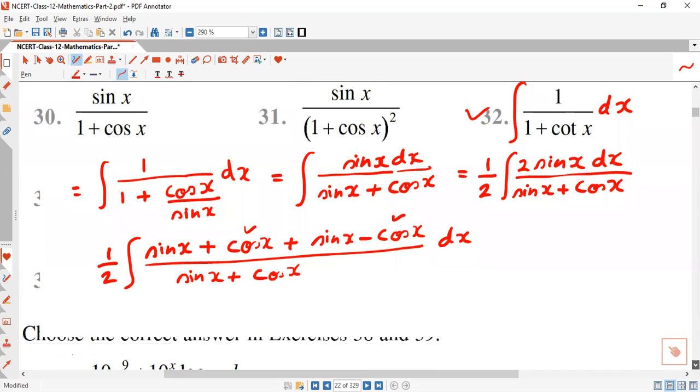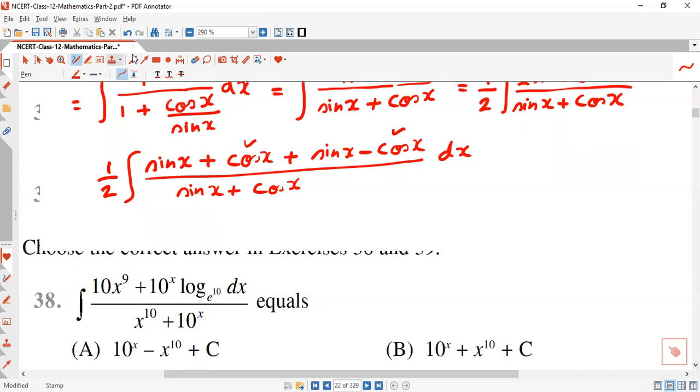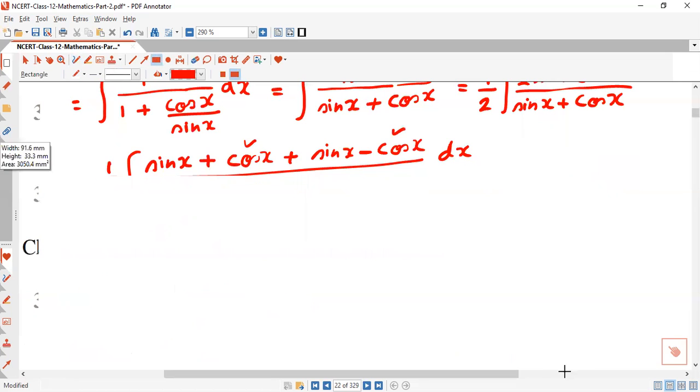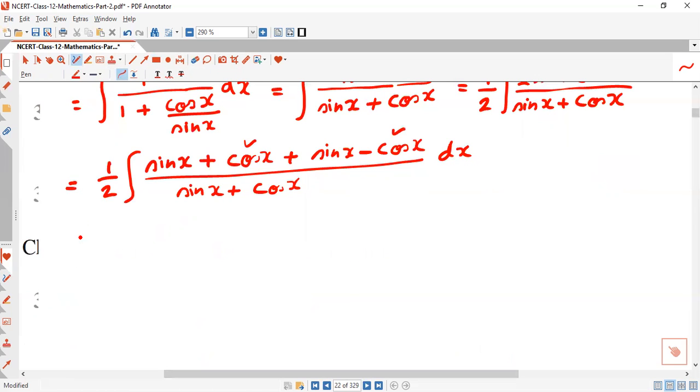So separate this part. Now we want to separate these parts. Half integration, the two terms are there.